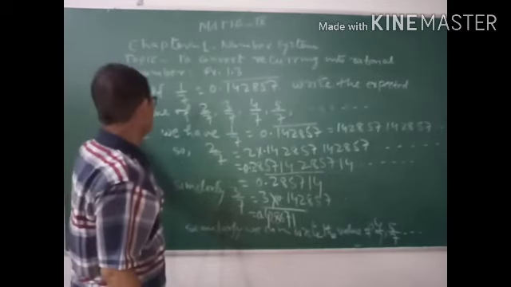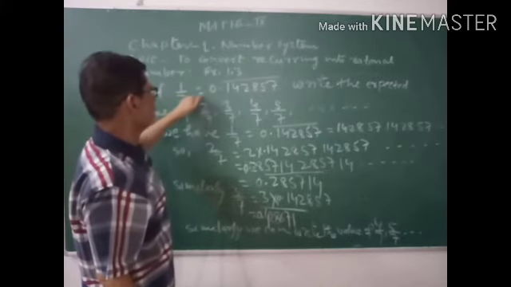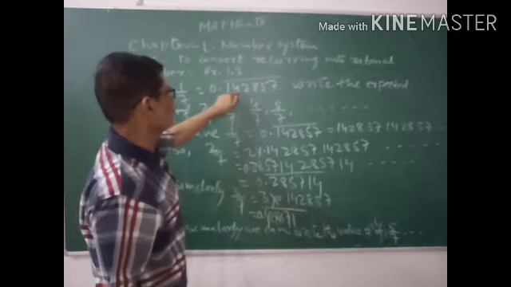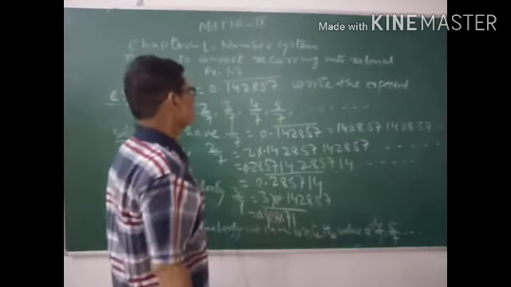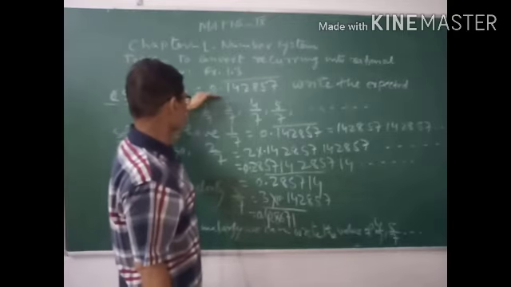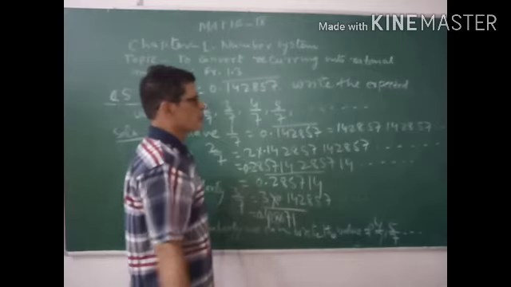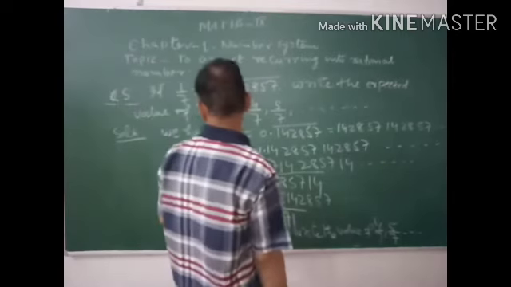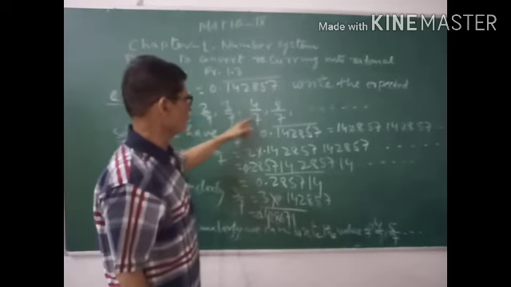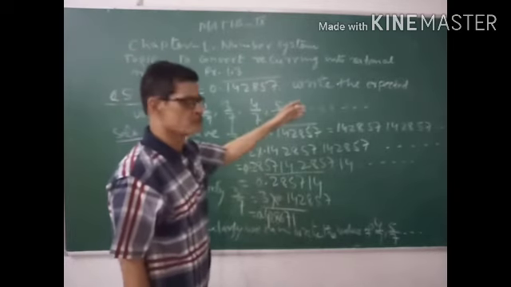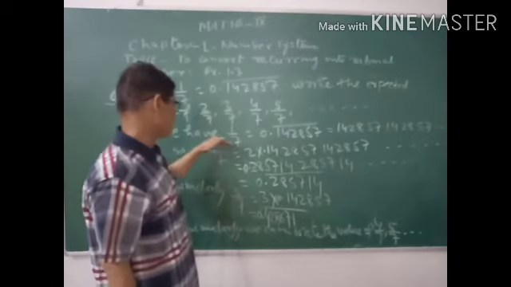Question number 5. We have been given 1 by 7 equal to 0.142857 recurring. On the basis of this value of 1 by 7, we have to write the expected value of 2 by 7, 3 by 7, 4 by 7, 5 by 7 and so on. We can write this like this.